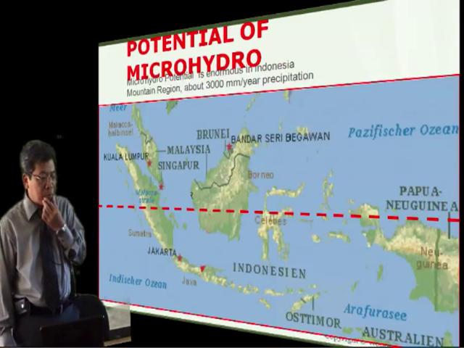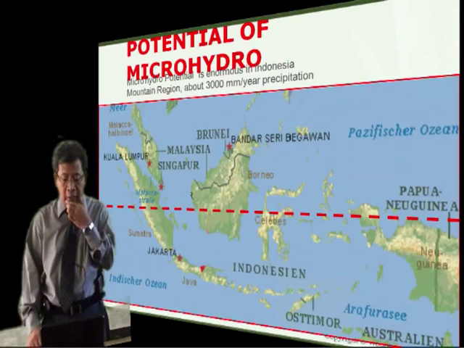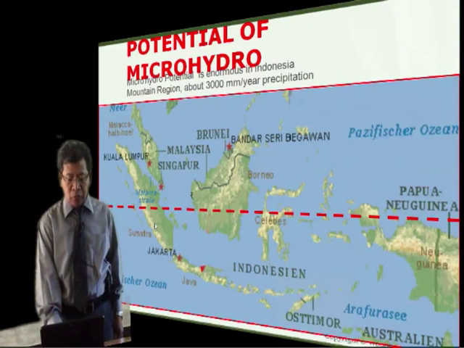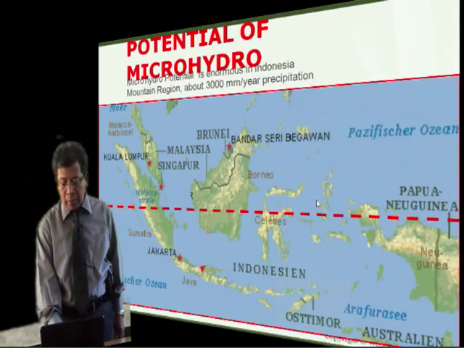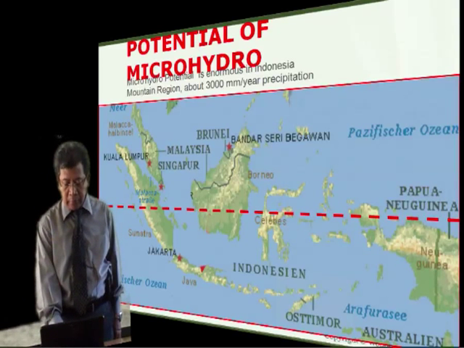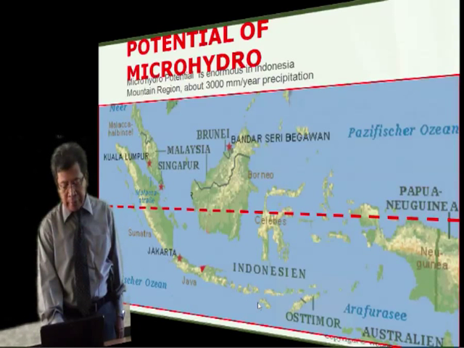So, how about the potential of microhydro? If we look here, this is our country: Sumatra, Java, Kalimantan, Celebes, Molucca, and here is Irian Jaya, Papua, and also here West and East Nusa Tenggara.